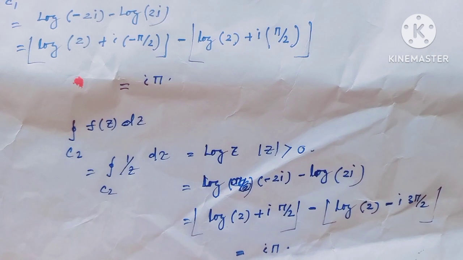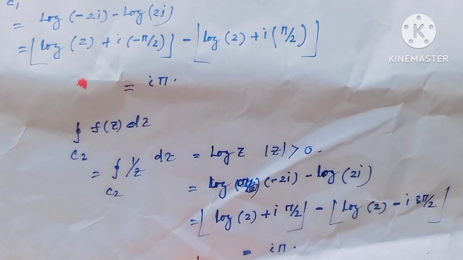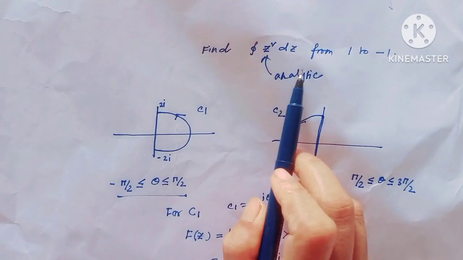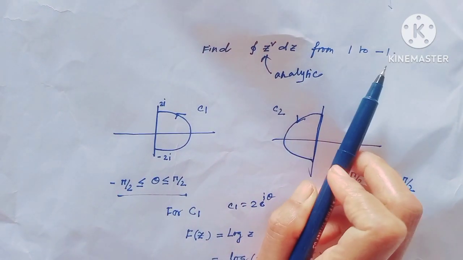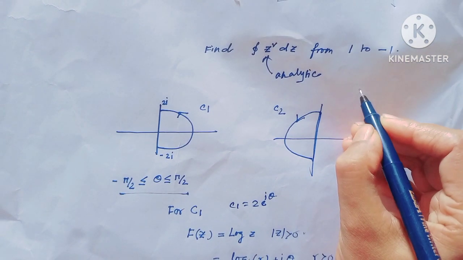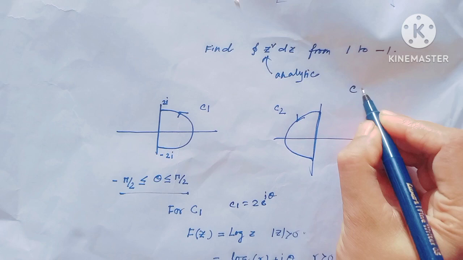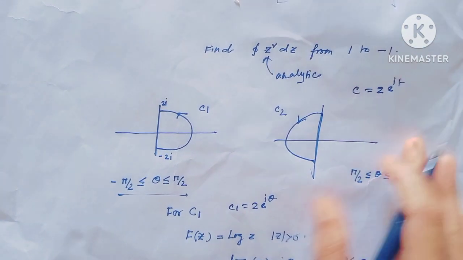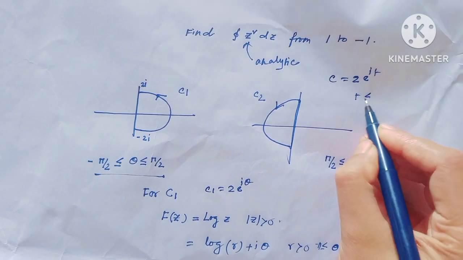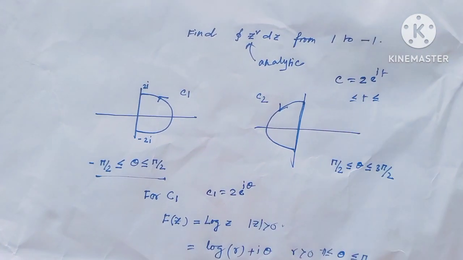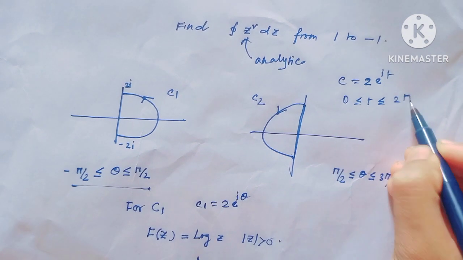I hope all my viewers have understood. Therefore, for the integration of 1 over z dz, here I have considered the path c equal to 2 e to the power i t, where t lies over the whole circle, 0 to 2 pi.